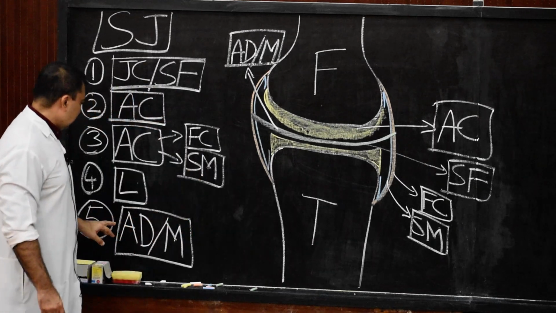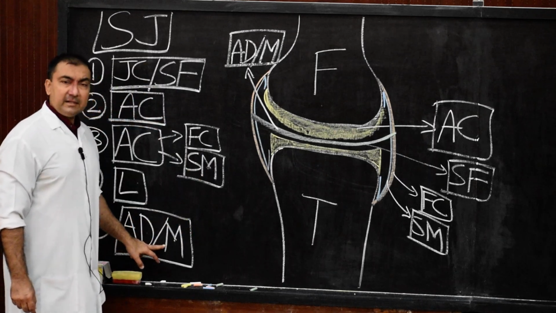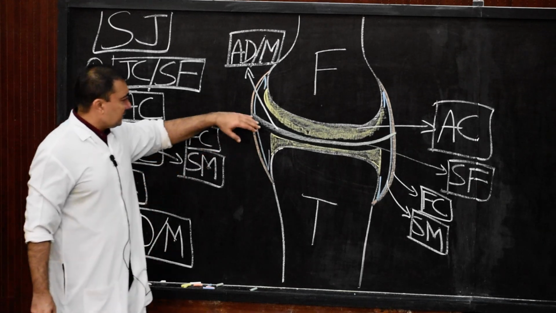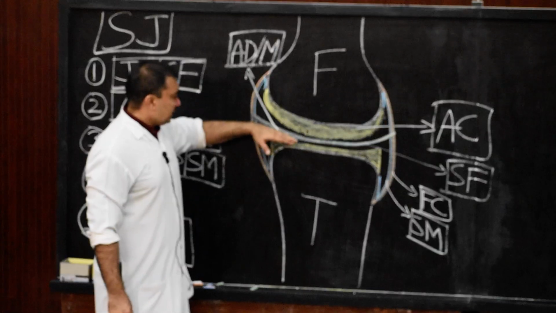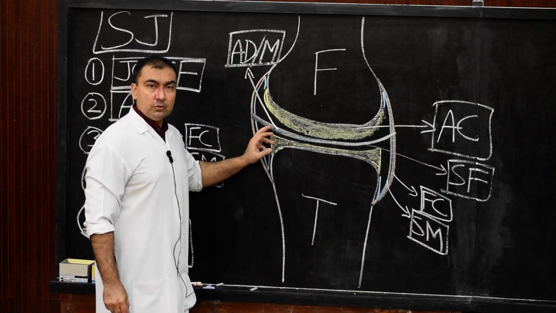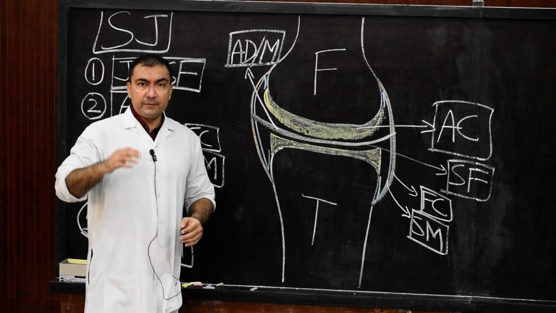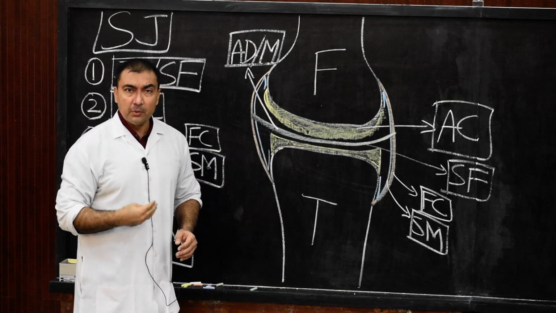And in the last we have the articular disc or meniscus, which will divide the synovial joint into two compartments. These are the typical features of synovial joints across our human body.